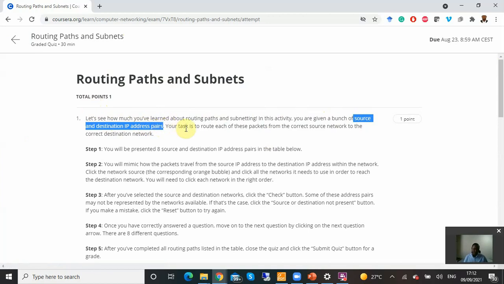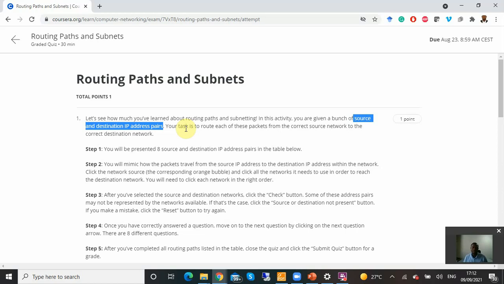Now, let me quickly explain something here. In networking, we have what is called network address space. Remember that your node, that is your system, your computer, can be a source and can equally be a destination.